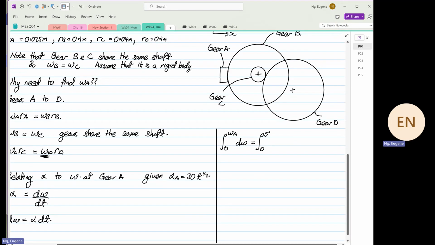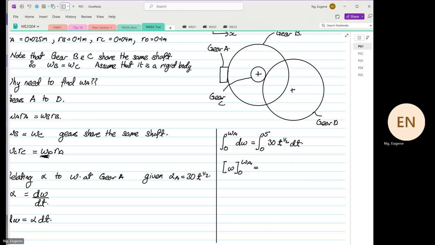Okay, so alpha given to us is 30 t to the power half dt. So when you integrate, you have omega from 0 to omega A, and then this will be equal to 30 t to the 3 over 2 divided by 3 over 2, limits from 0 to 5.